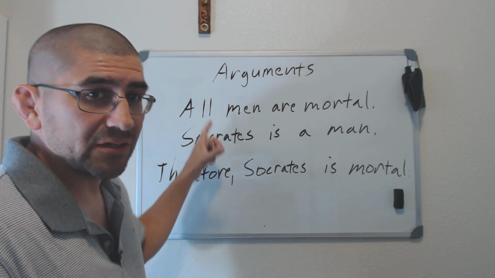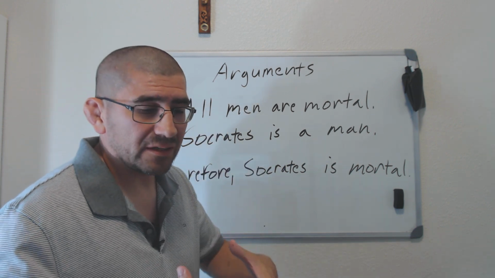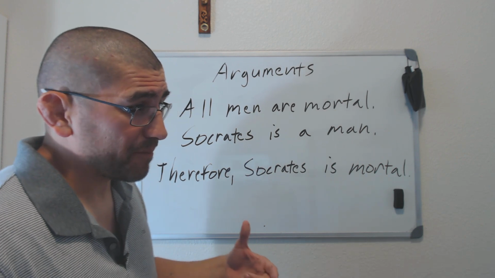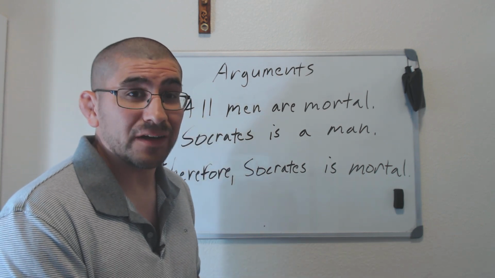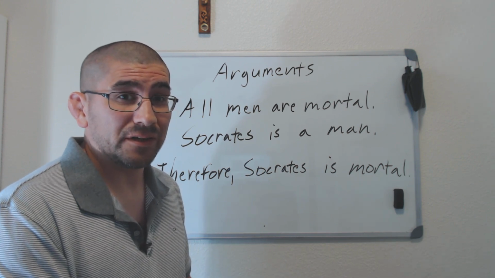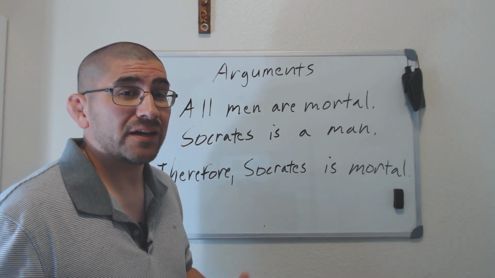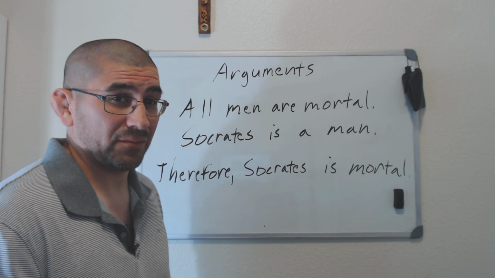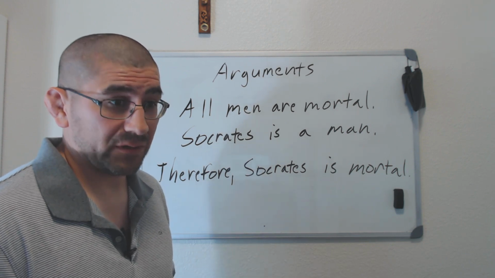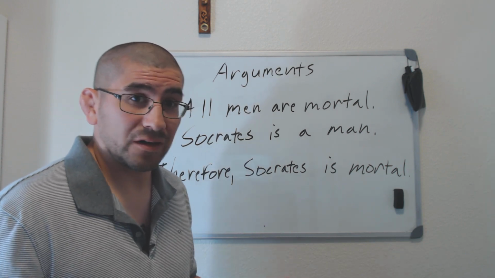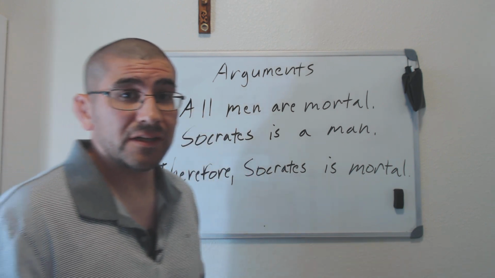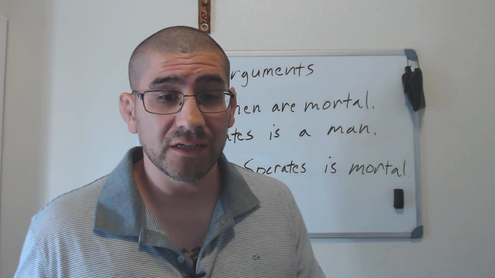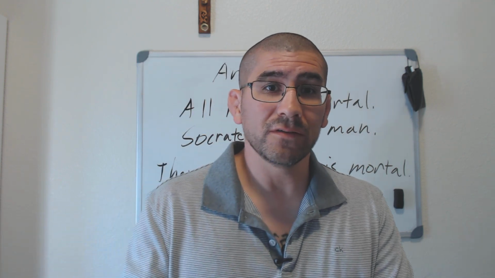And when we deal with arguments, especially when you're taking a logic course, you try to find out if the arguments are valid or invalid, which is what we'll be doing. All that means is that you find out whether the argument has good form. If it has good form, then that's good. You don't want an argument with bad form. So those are the main parts of logic that we'll be going over in this course.